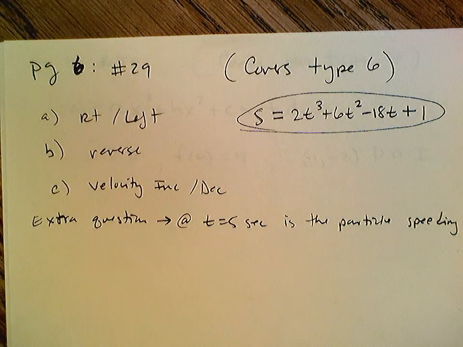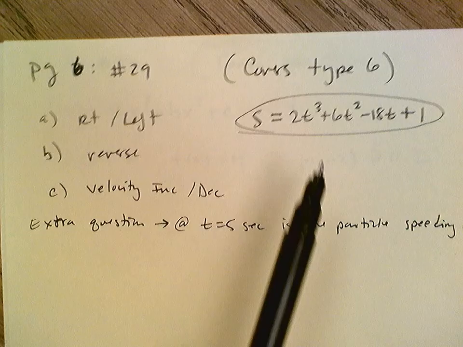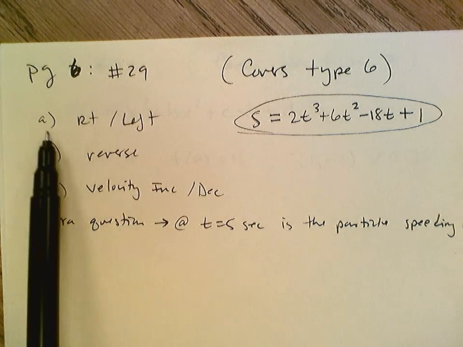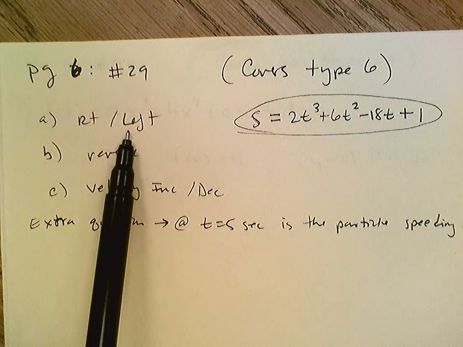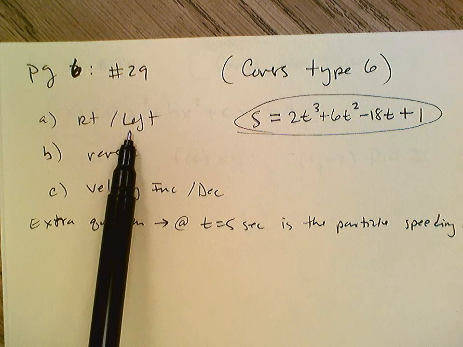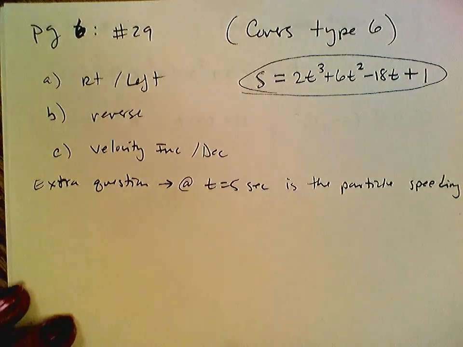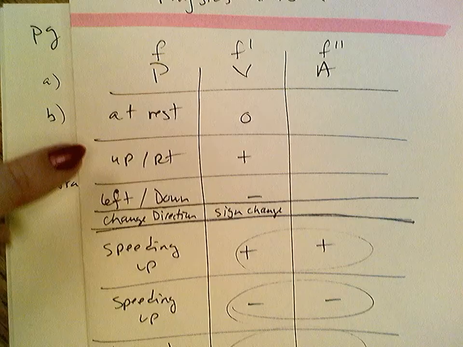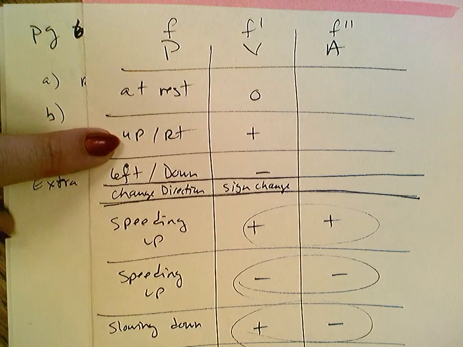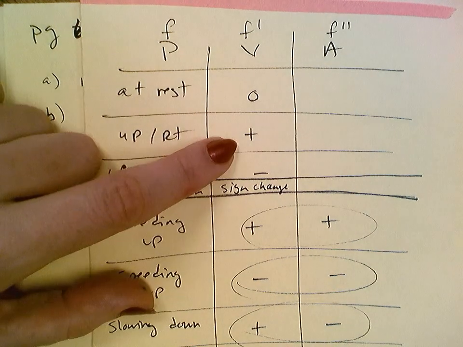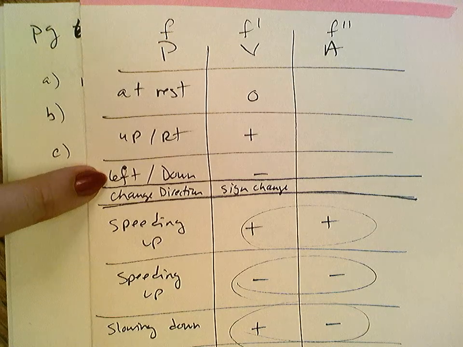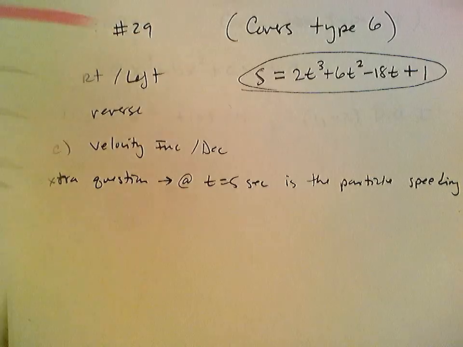So the first thing they're asking, so this is the position function. They're asking on what intervals the particle is moving right or left. So you have to know, okay, up or right would be positive velocity, left or down would be negative velocity.